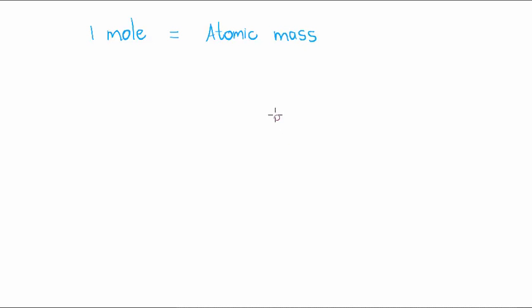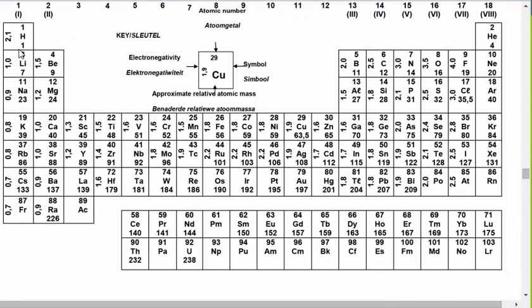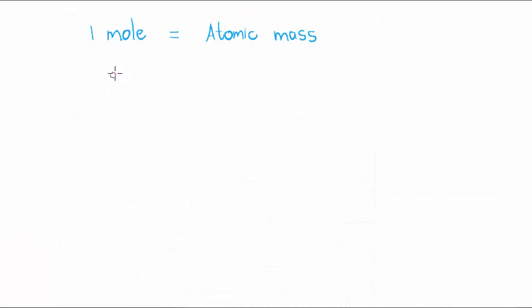If I have 1 mole of hydrogen, I have this many grams of hydrogen. If I have 1 mole of calcium, I've got the atomic mass of calcium in mass. So, if I have 2 moles, I have twice the atomic mass.